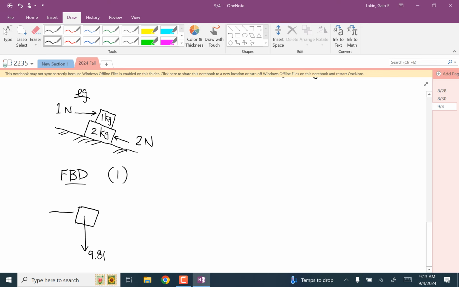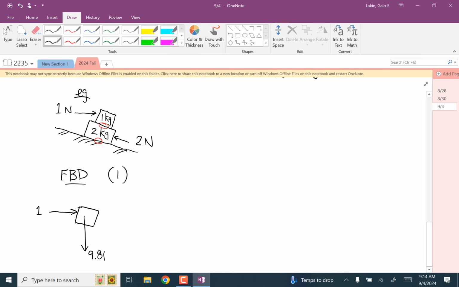You have this horizontal force that's just given. And the last force we have comes from the contact at the surface applied by the 2 kilogram block. We're assuming that this and this are both friction contacts, okay?